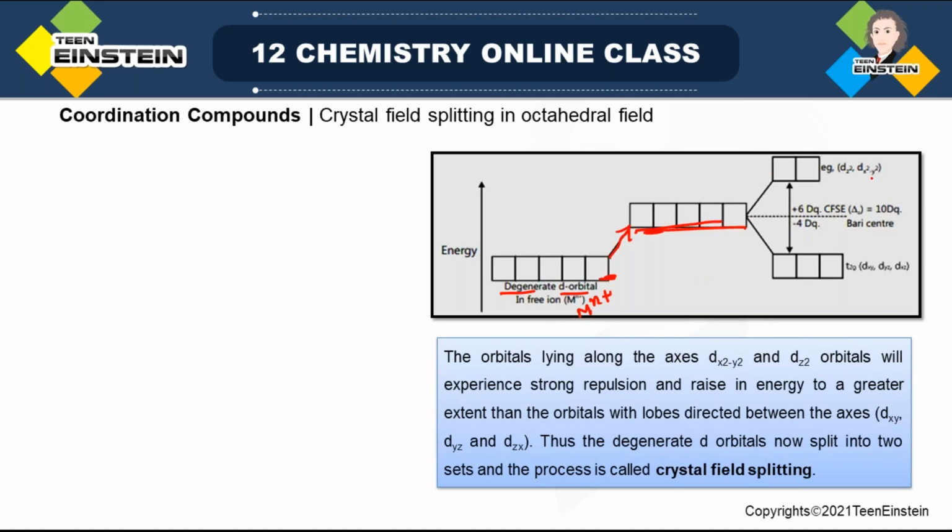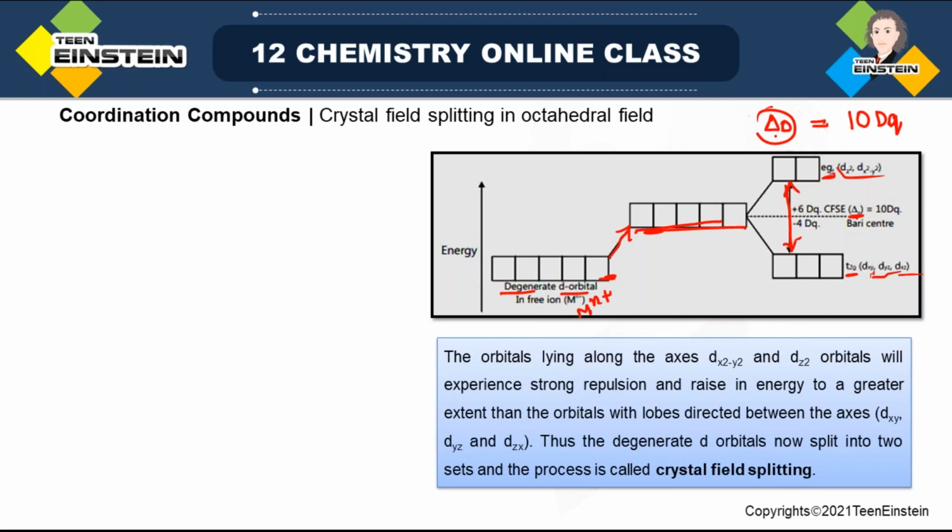What happens actually is there are two sets, Eg and T2g. Under T2g you have these three orbitals, under Eg you have dz square and dx square minus y square. And the gap between this Eg and T2g is denoted by either delta O, this type of sign, O for octahedral, or you can also write it as 10 Dq. Now there are two different unit scales. Delta O is actually equal to 10 Dq.